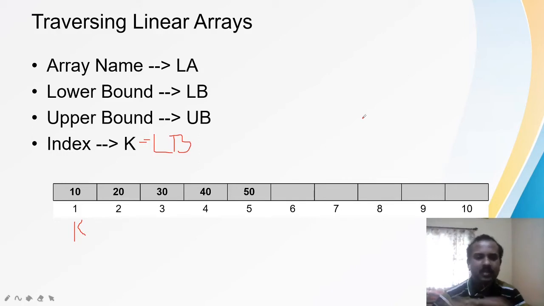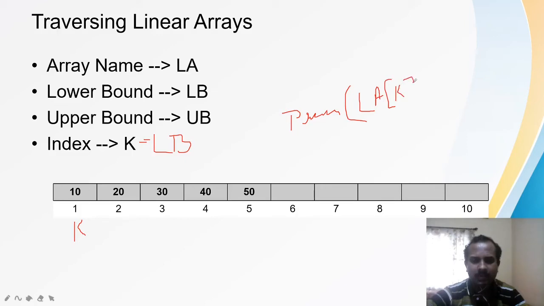So what I am going to do here is, I'll just write process LA of K. That means I am visiting or inserting the data or doing something on LA of K, that is on the first element.